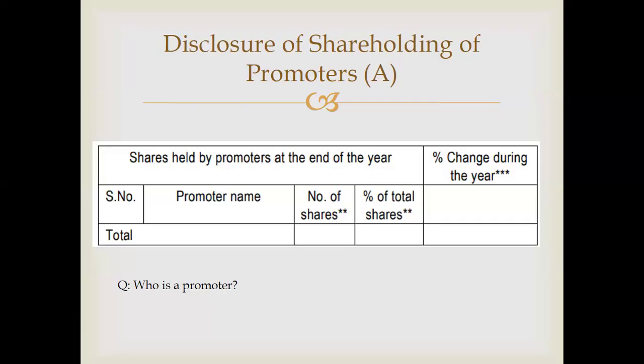And that's why every year, it is essential to disclose the promoters and their shareholding pattern. If suppose this illustration is not there, then what will happen?